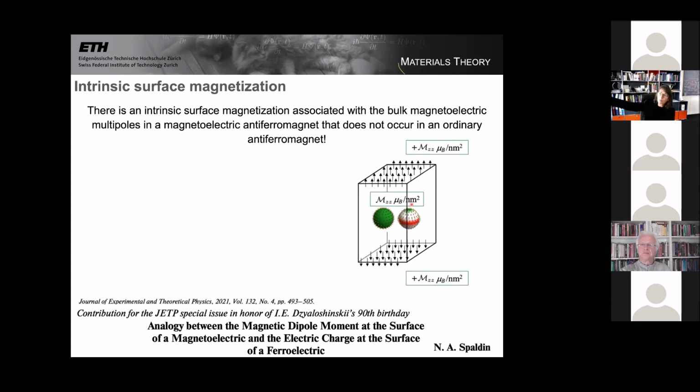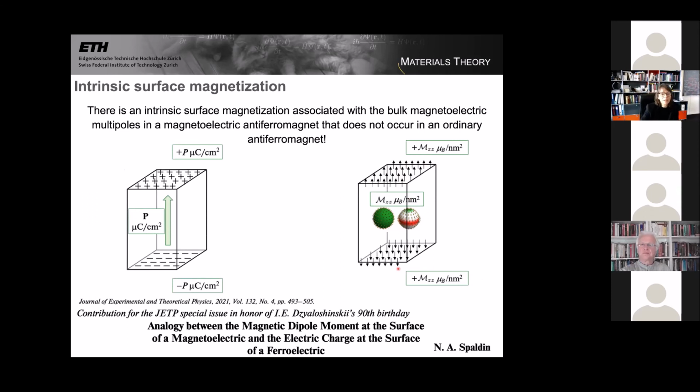When I make a surface on chromium-203, it has a surface magnetic dipole per unit area, which is equal to the size of the magnetoelectric multipole per unit volume. And because the monopole and the quadrupole have the same top and down symmetry, I have a positive magnetic dipole. I have a magnetic dipole pointing out at the top and also pointing out at the bottom if I make two surfaces.